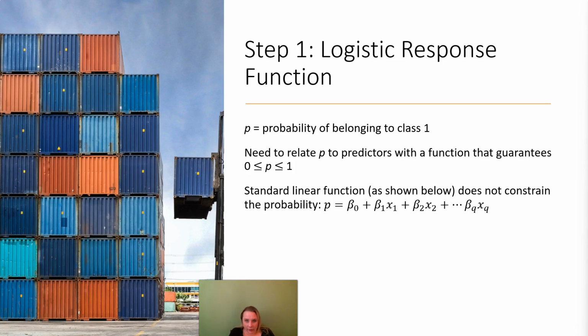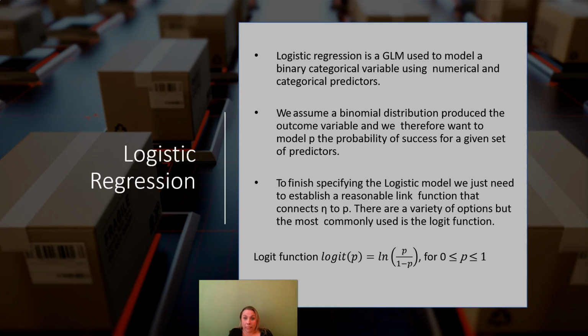So for step 1 with the logistic regression response, we want to consider using the logistic regression approach for our evacuation scenario. The logistic regression equation uses P to indicate the probability of an occurrence belonging to whatever class you've labeled as 1, and your probability value needs to be constrained between 0 and 1. As we've seen with regular regression, the outcome variable can be any value and is not limited to any range.